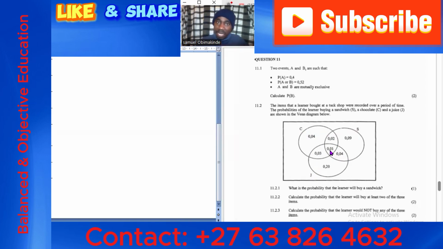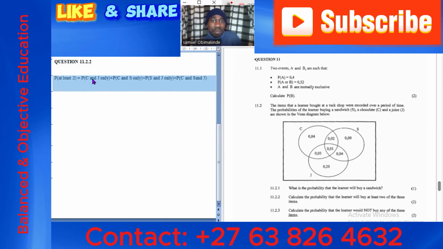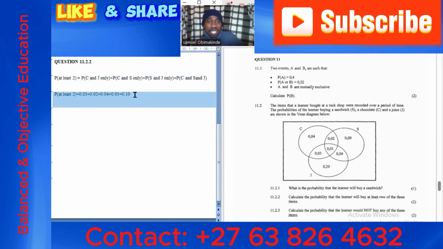And the probability that the learner will buy the 3 of those items will be 0.01. So we add all those together to give us the probability that the learner would buy at least 2 items. So I've already explained this. So we add all those together, and that will give us an answer of 0.10. If you multiply that by 100, that will be 10%.